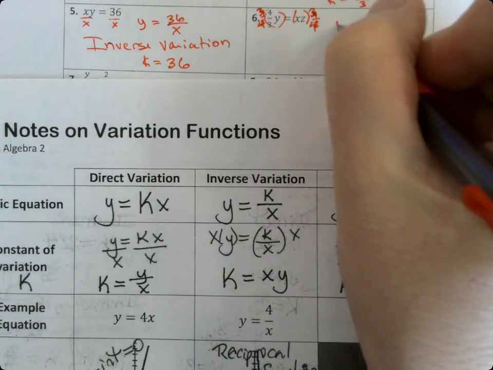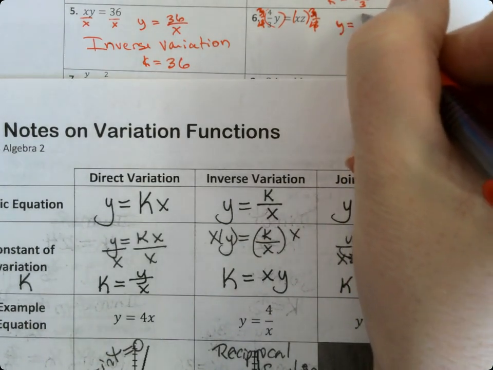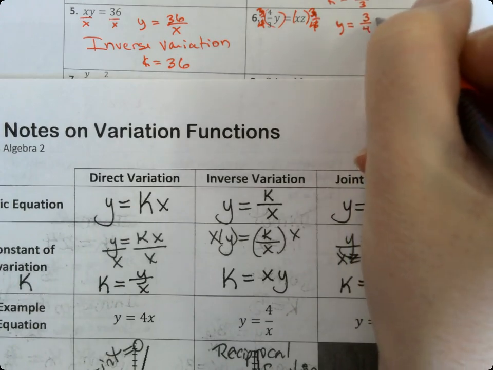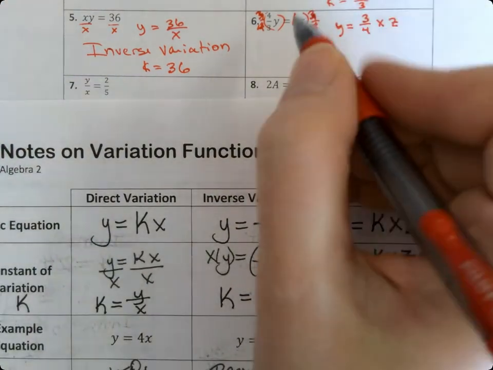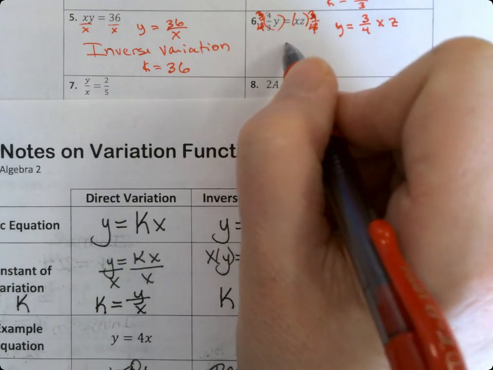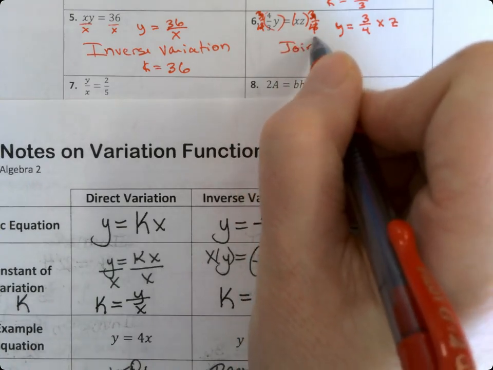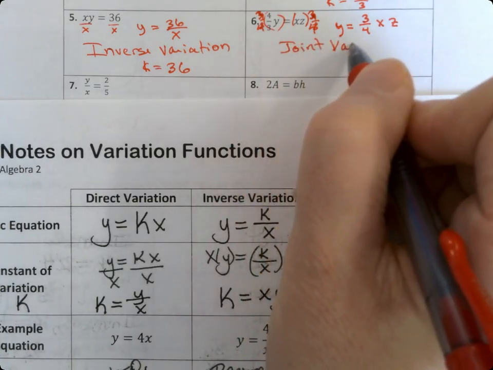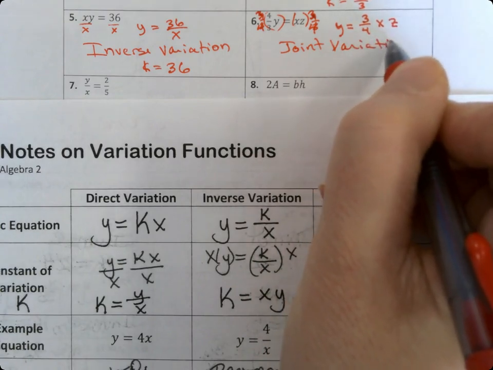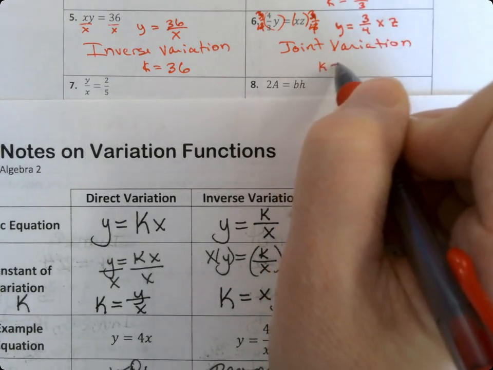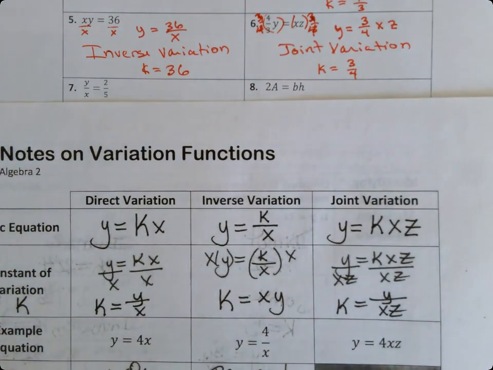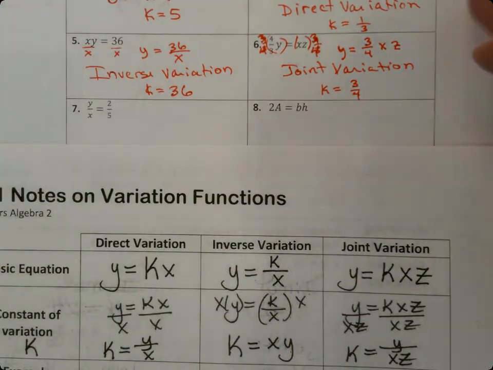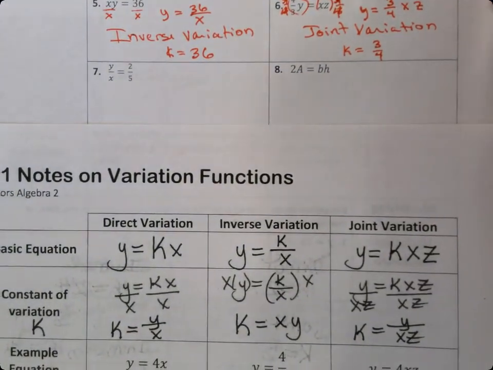Okay, now that I have it sorted out right in my brain, I'm going to put it out front. 3/4 times xz. All right, so this is a joint variation. And what is k, the constant of variation? Should be 3/4. Okay, now what about number 7? What do you want to do?